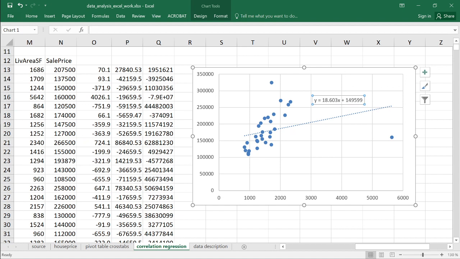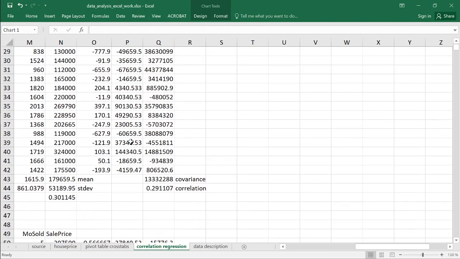Now notice that both of these numbers are based on all the data points in the sample, and both of them can be considered as showing us an average picture of that situation. Now, let me explain how this number 18.6 is obtained.